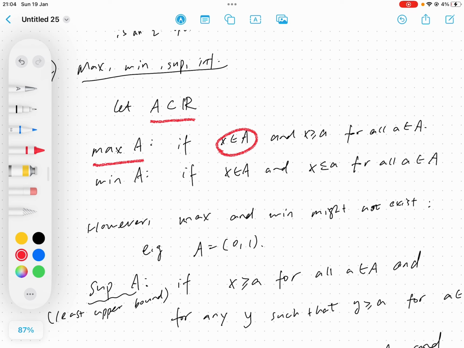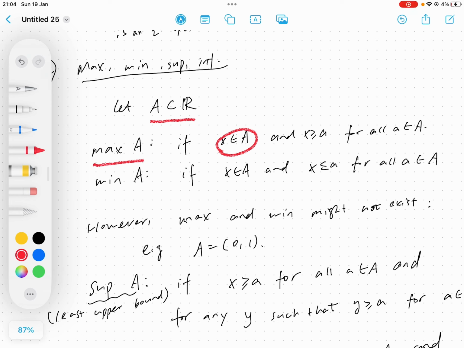That's simply because the sets are not closed, right? If they're open, then they might not have the maximum or the minimum.